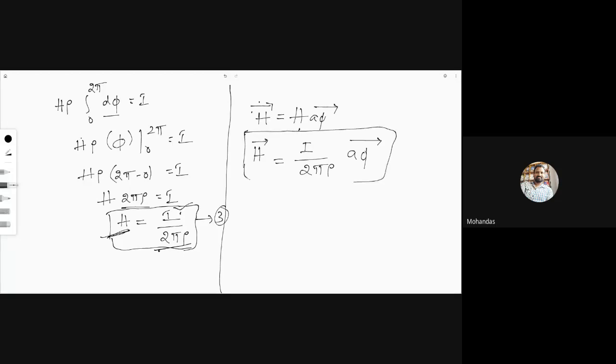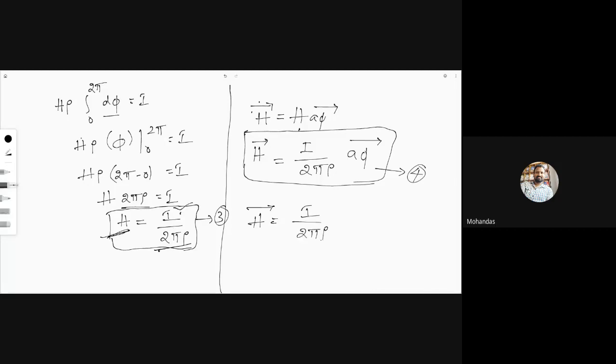Now, this equation is the same as the one you derived for the magnetic field intensity in the Biot-Savart's law. Let us say this is equation number 4. What did you derive in the Biot-Savart's law? H equal to I by 2 pi rho into a phi.